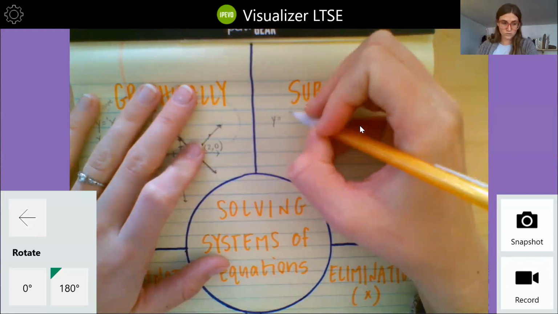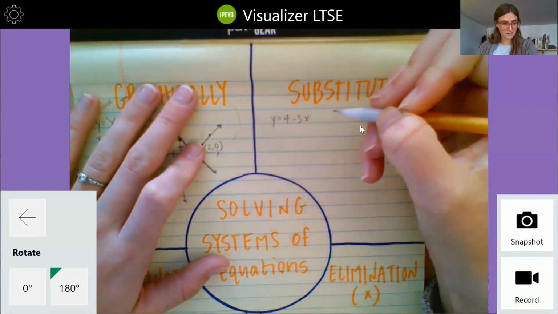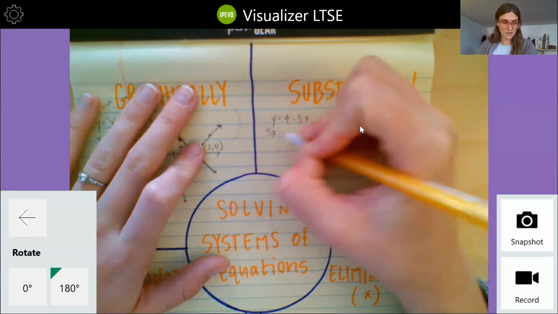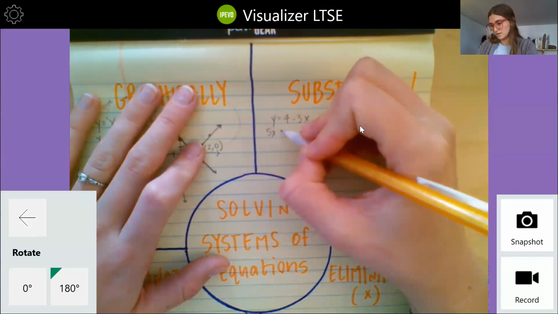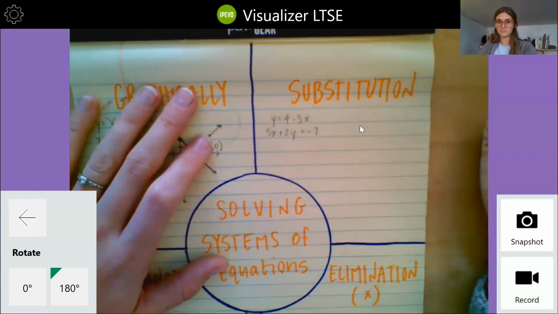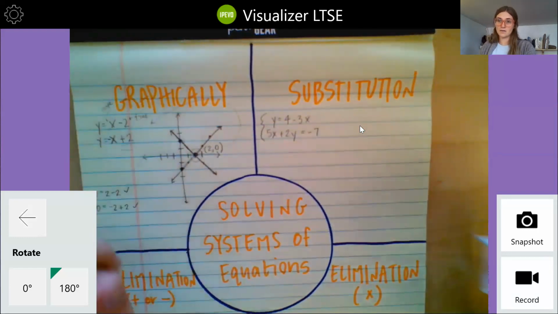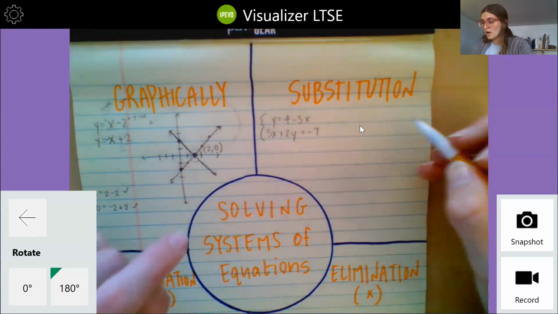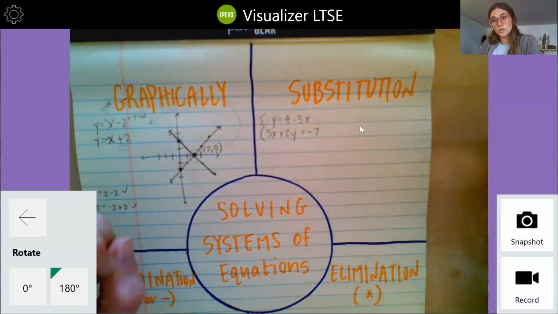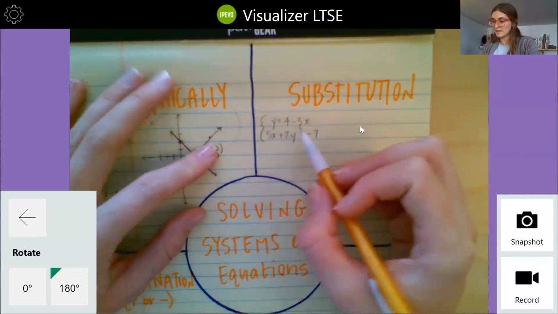So for example, we have y equals 4 minus 3x and 5x plus 2y equals -7. So this is my system of equations. And by the method of substitution, I'm going to solve this by first plugging in.